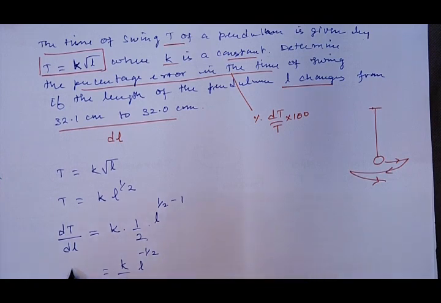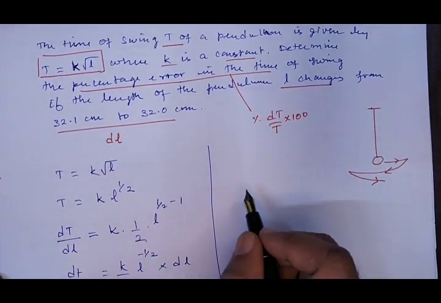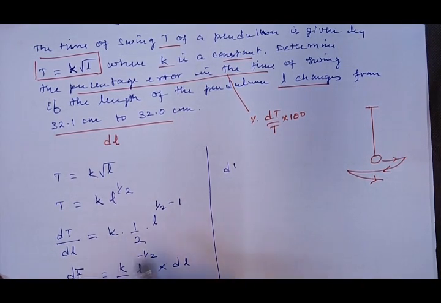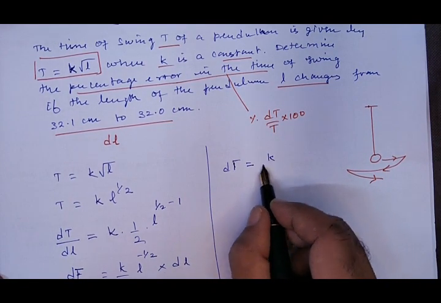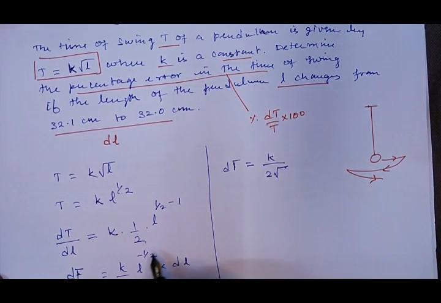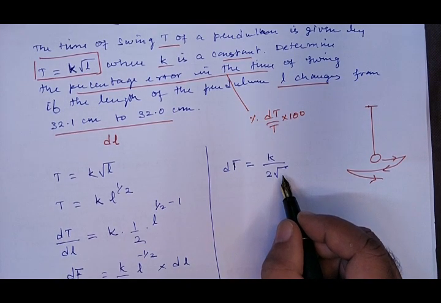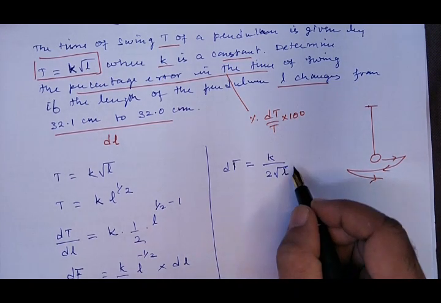So dt is equal to, you can bring this dl here. Therefore dt is equal to k divided by 2 into root L into dl, because L power minus 1 by 2 we can bring to the denominator, so it becomes plus, and L power 1 by 2 is nothing but root L.